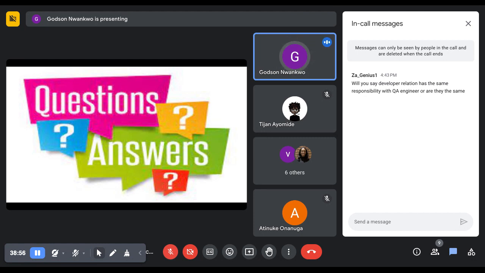While the responsibility of the QA is to find if there's any issue, which entails in some cases, if you're doing automation, you have to go back to the code which the engineer has written to see where the issue is from. So they are two apart, so different. I don't know if I answered your question.